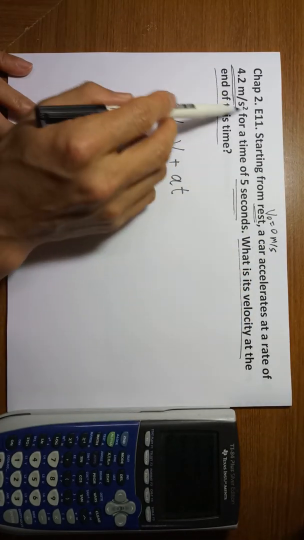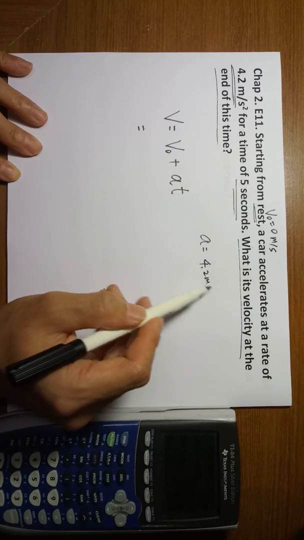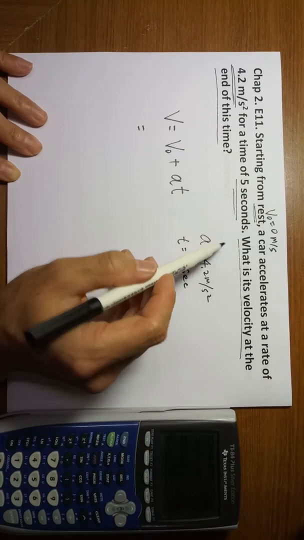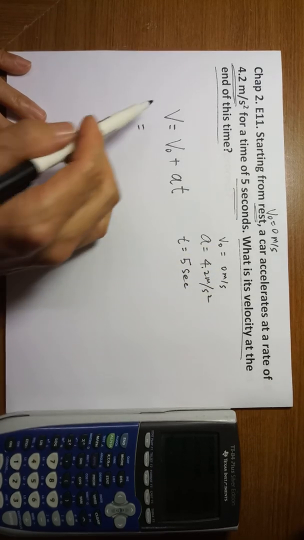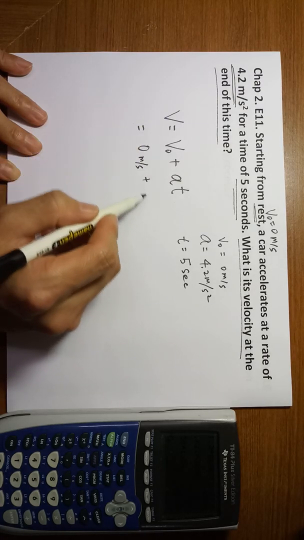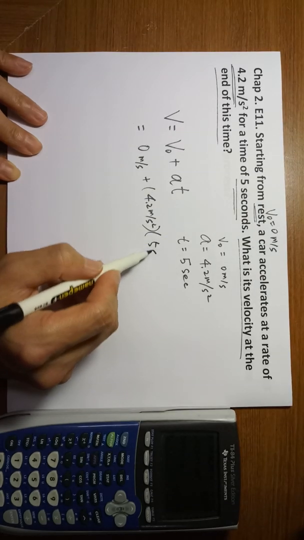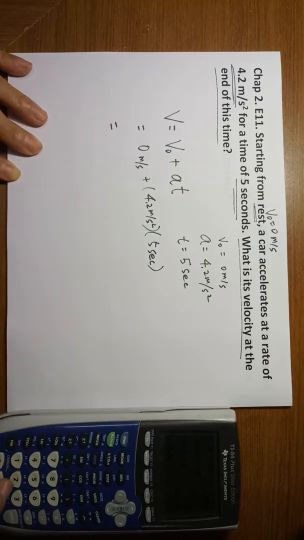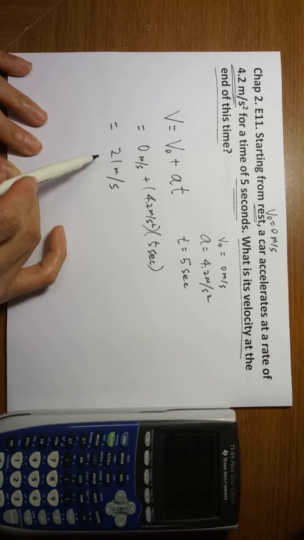Acceleration is given as 4.2 meter per second square. Time is given as 5 seconds. And then you plug in and you will get your final velocity: 0 meter per second plus 4.2 meter per second square times 5 seconds. Then you will get 4.2 times 5, and 21 meter per second as your final velocity.